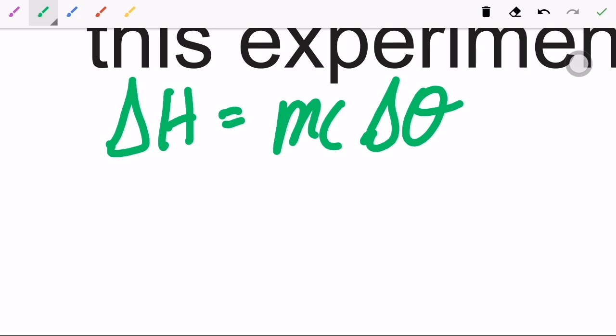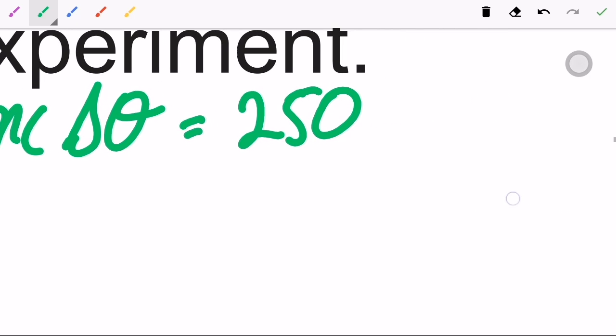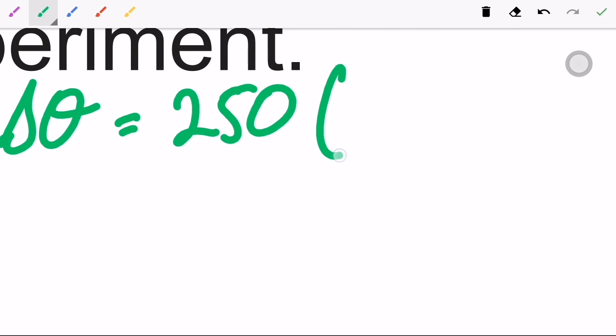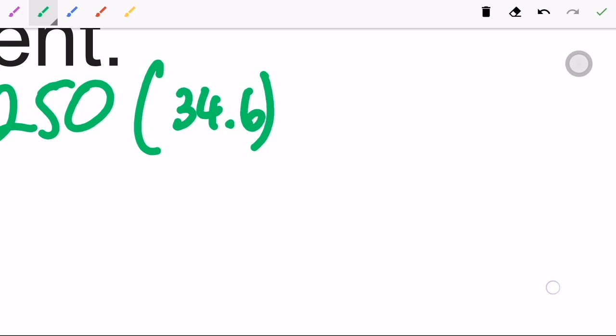So we must know that delta H is equal to mc delta theta. On page 2 of the data booklet, you get the value of 4.18 joule per gram per Kelvin. The mass is in grams, because 4.18 means it's in grams. So 250 times 34.6 times 4.18.